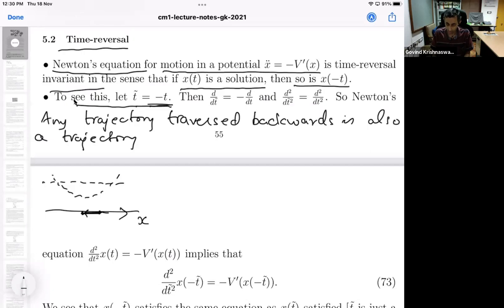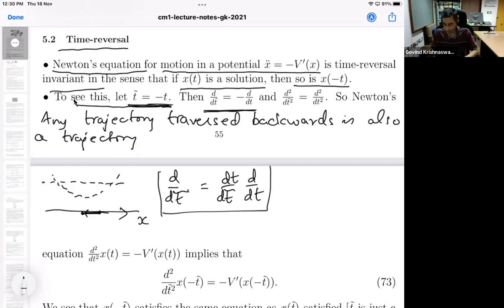First we notice that d by dt tilde is equal to minus d by dt, because they differ by a sign, so the derivatives will also differ by a sign. I hope that is okay. This is called the chain rule of differentiation.